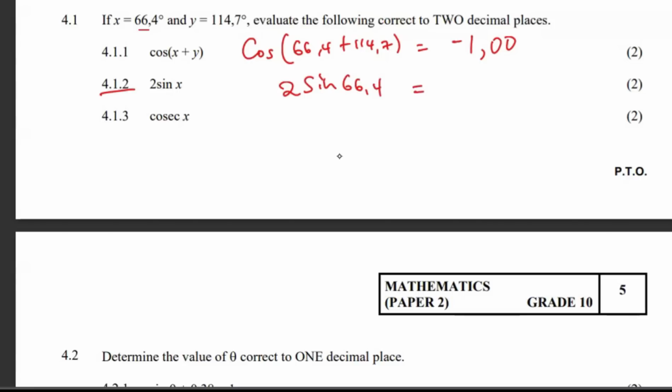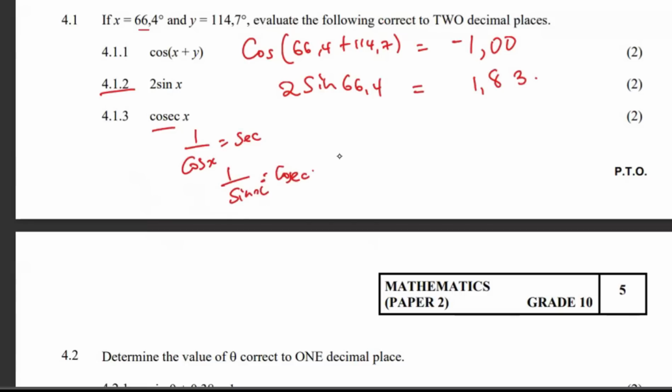This gives me 1,83. Then cosec. We know that cosec is the reciprocal of sine. Is it 1 over cos? No. 1 over cos gives us sec. Then 1 over sine gives us the cosec.